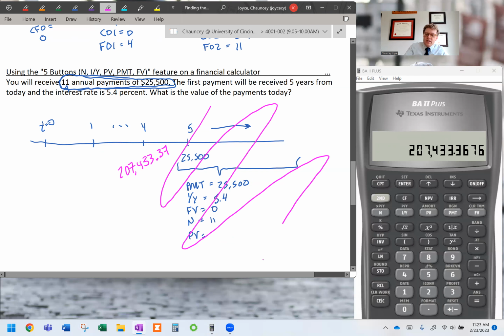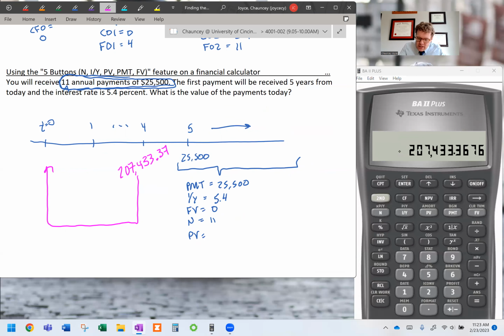Now you can ignore this stream as you value the second step. Now you're back to dealing with a single cash flow with no payments along the way. So here we treat this number in our calculator of 207,000, the value of the annuity at time 4, as your future value with no other payments along the way.